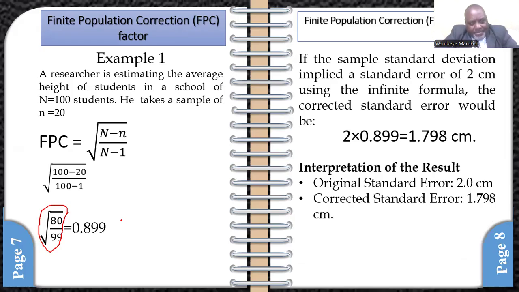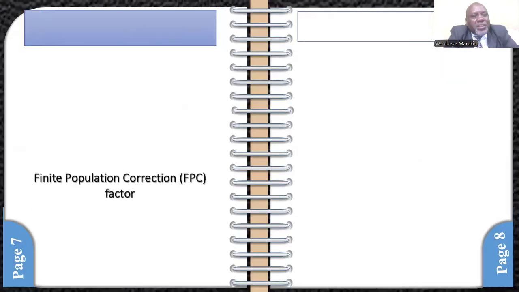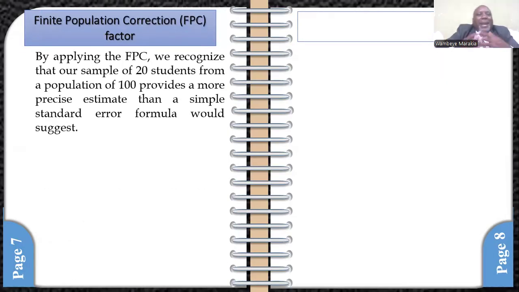How do we interpret this? We look at the original standard error, which is 2 centimeters, and the corrected standard error after applying the FPC, which is 1.798. This means that by applying the FPC, we recognize that our sample of 20 students from a population of 100 provides a more precise estimate than a simple standard error formula would suggest.